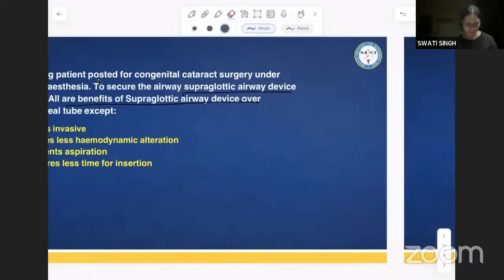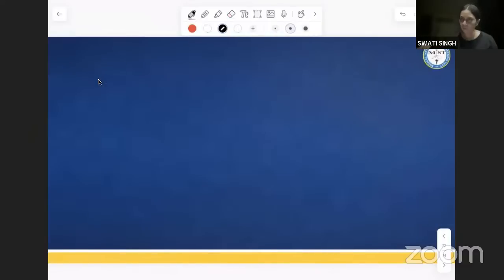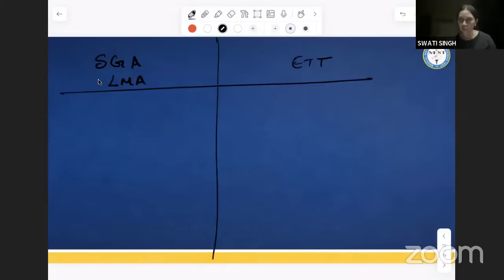So guys, just the last point of discussion for today's session. Supraglottic airway device like laryngeal mask airway, and endotracheal tube. Now, LMA is easy to insert compared to the tube, fast to insert compared to the tube, less invasive, so better compared to the tube.